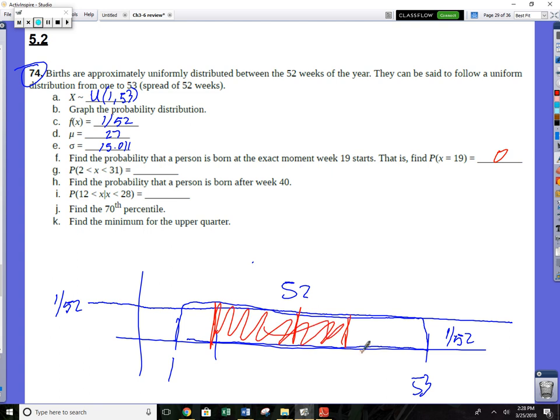I already know the height. The height is 1/52. But the width, 2 and 31, I just do 31 minus 2. The width is 29. So it's length times width, 29 times 1/52 equals 29/52, whatever decimal that is.